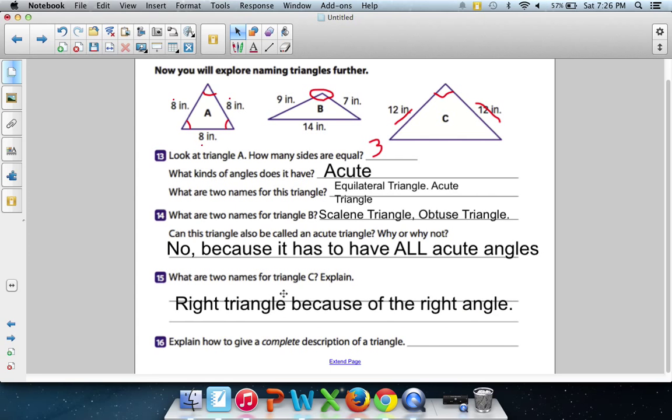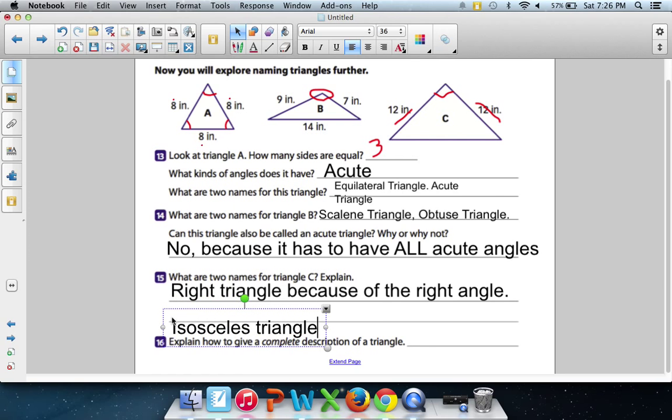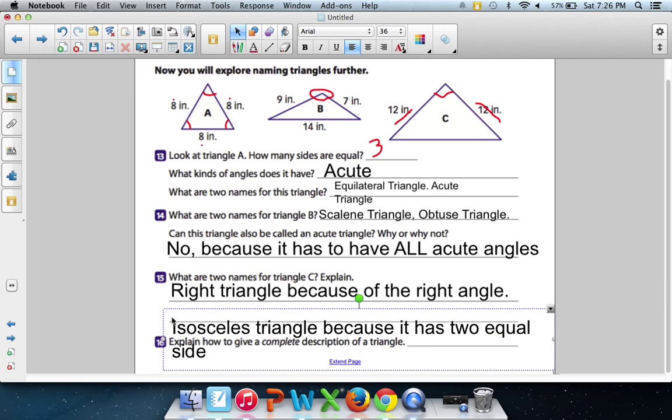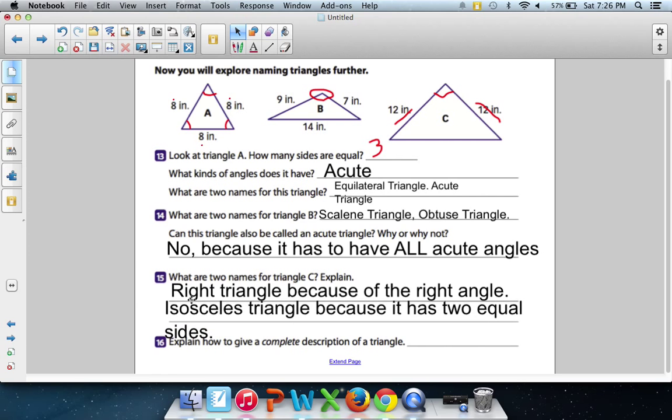So that's one thing we can call it. But you can also call it an isosceles triangle. Why? Because it has two equal sides. Now, an isosceles triangle is kind of like the second place of triangles, because an equilateral triangle has all three sides the same, and an isosceles triangle only has two the same.